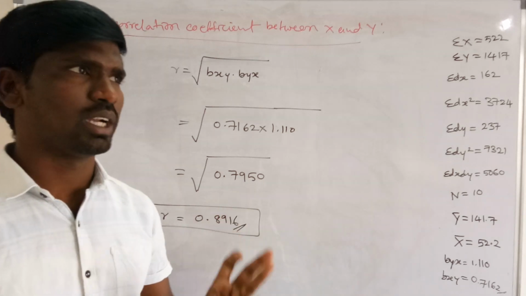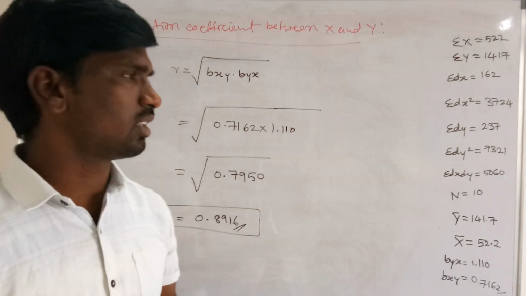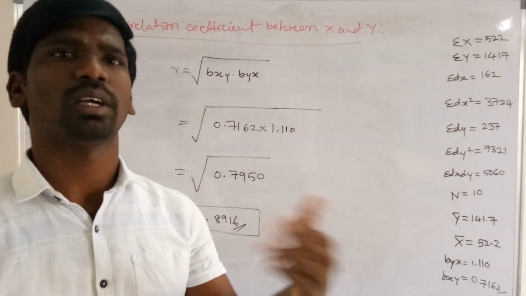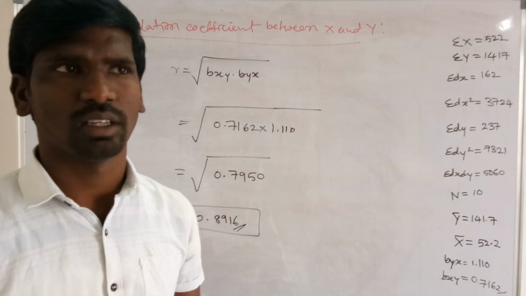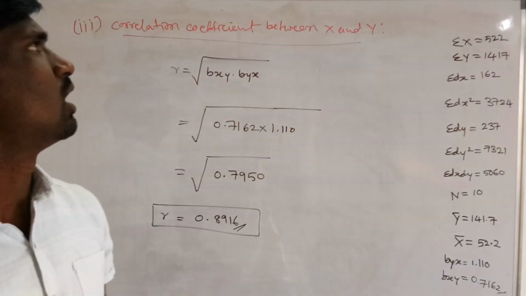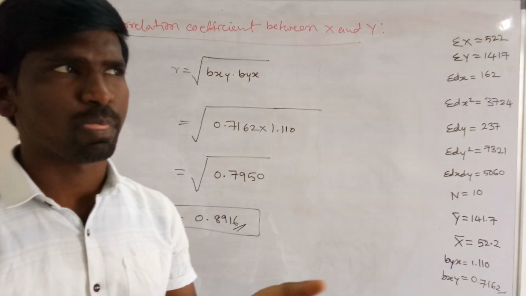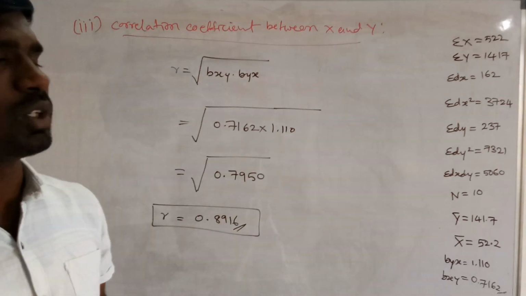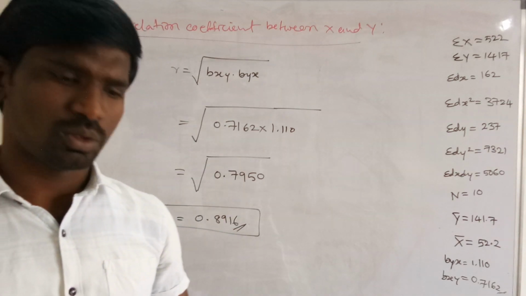First one is to find the regression equations of x on y and y on x. The second one is to estimate the value of x when y is given, or to estimate the value of y when x is given. The third condition is correlation, that is R, the correlation coefficient between x and y, R equal to under root bxy into byx, right? I hope you understood. Thank you.